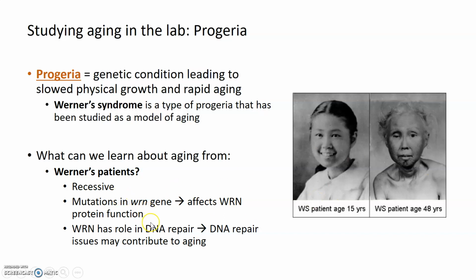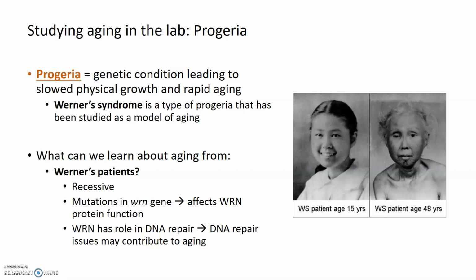So Werner's is a recessive disorder, and just by studying patients, we have identified the gene involved as well as the protein. So there are mutations in the WRN gene, which affects the WRN protein and basically makes it non-functional. And what the WRN protein does is repair DNA.